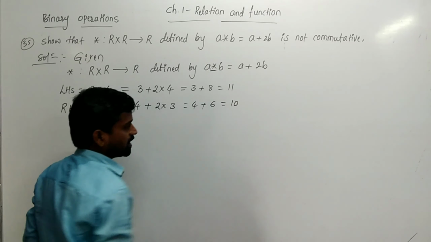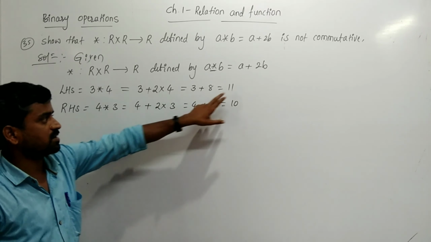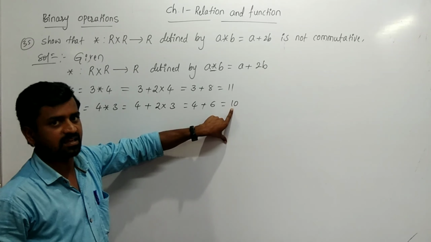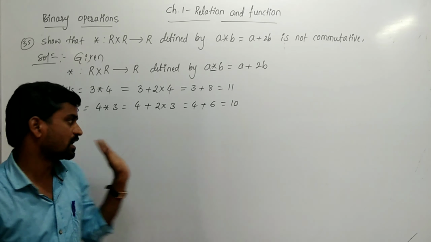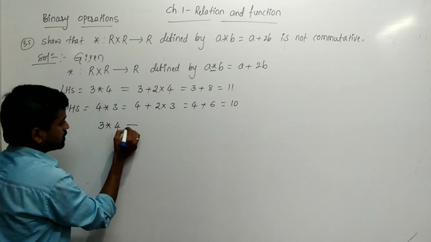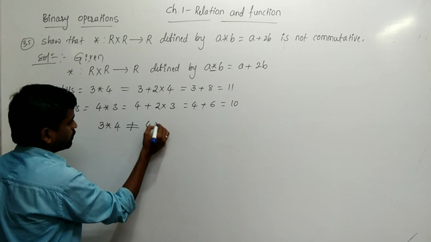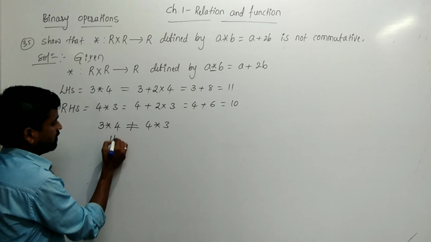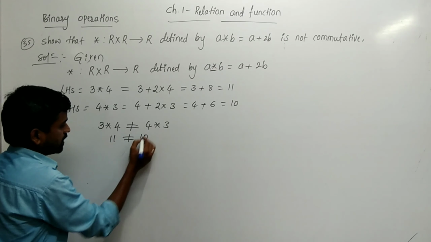It is 10. A star B is 11. B star A is 10. LHS is not equal to RHS. 3 star 4 is not equal to 4 star 3. 11 is not equal to 10.